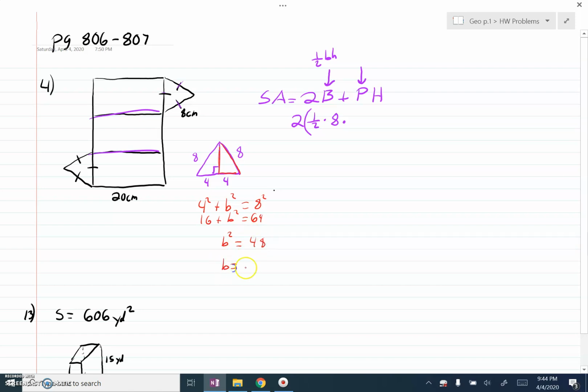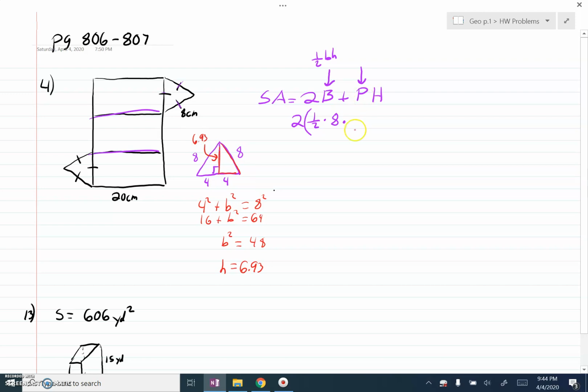So b would equal, I'll use my calculator for that one, and I got 6.93. I guess it's not really the b, because that'd be confusing for the base, but that's actually the height of the figure. So this height right here is 6.93.